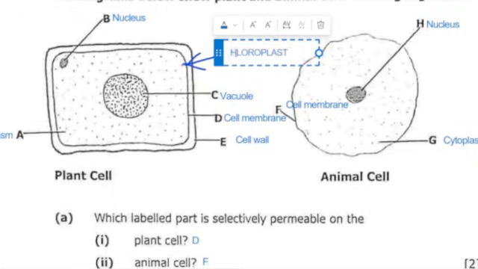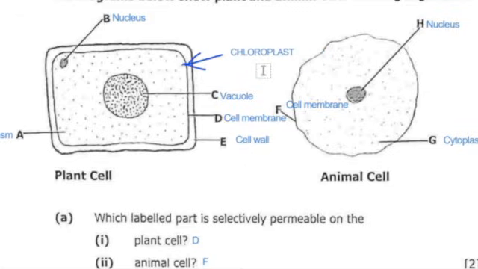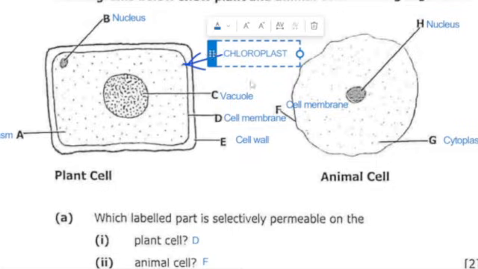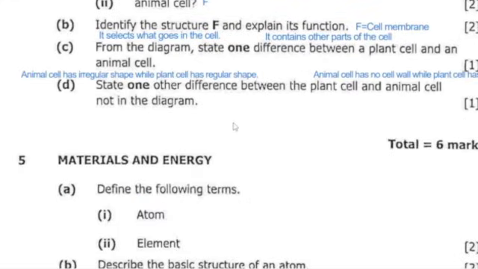I'm going to delete that and put a capital C there. It's the green pigment found in the plant cell, and this is the one that gives green color to the leaves and to plants generally.